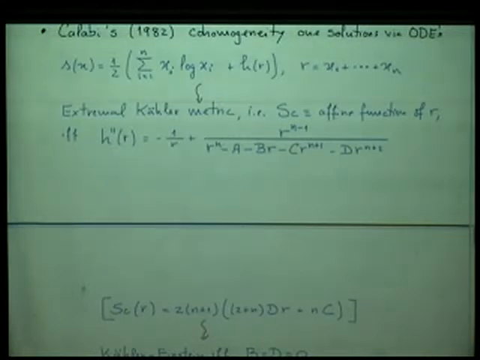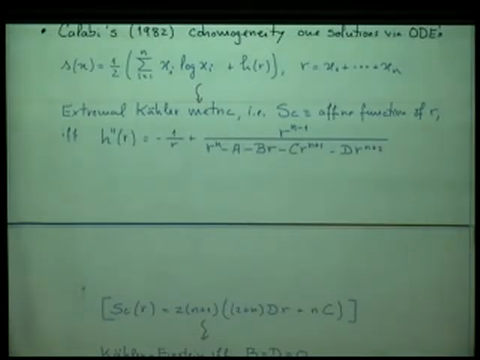Extremal Kähler metrics are critical points of a function on the space of Kähler metrics on a complex manifold. That function is the integral of the square of the scalar curvature. The integral of the scalar curvature on a Kähler manifold is a topological invariant. So you take the integral of the square of the scalar curvature, and critical points of that functional on the space of Kähler metrics in a fixed cohomology class are called extremal Kähler metrics.